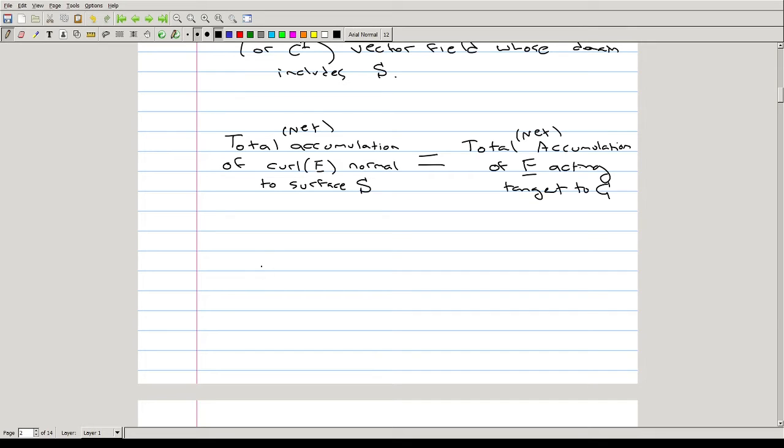So in equations, this ends up becoming that the surface integral over the open surface S of the curl of F dotted with the normal vector. Remember, that's the projection of the curl in the direction normal to the surface, or the amount of rotation around the vector direction of n hat, which is normal to the surface, dS.